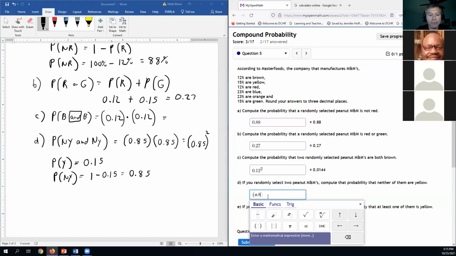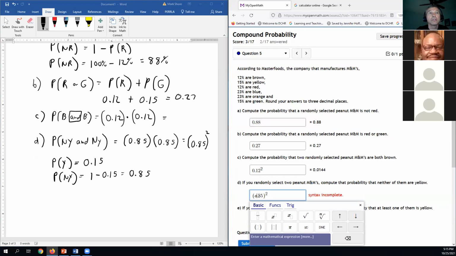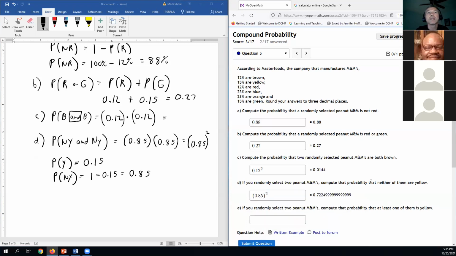Professor, I have a question. Yeah. So for letter C, on yours it says are both brown, and on mine it says are all brown. Do all and both mean the same thing? Yeah, no, but you must be dealing with 3 or more M&Ms. How many do you have? Does it say 6 somewhere along that problem?